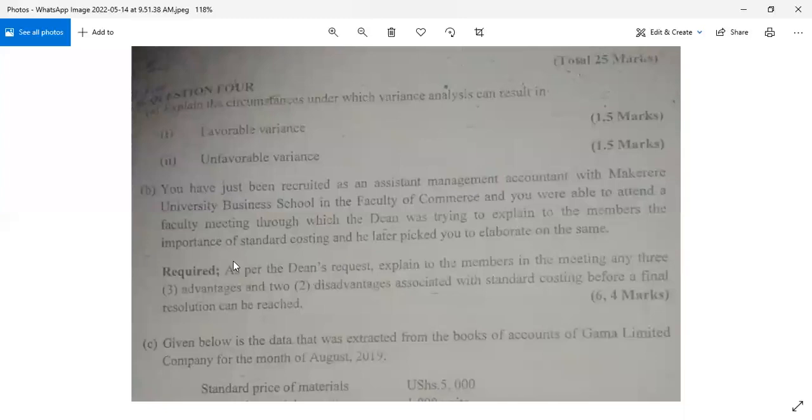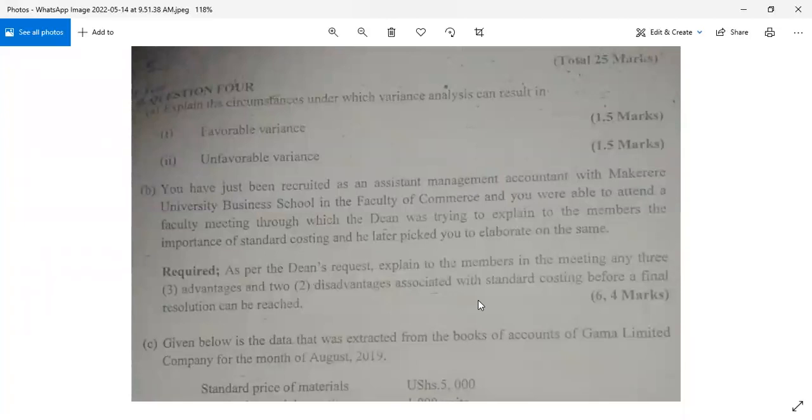Okay, standard costing. So as per the dean's request, explain to the members in the meeting any 3 advantages and 2 disadvantages associated with standard costing before a final resolution can be reached.